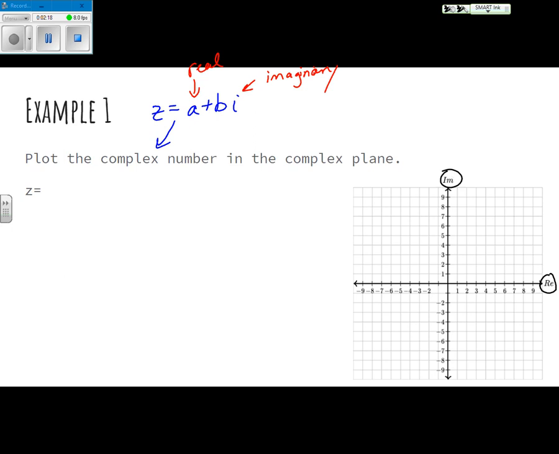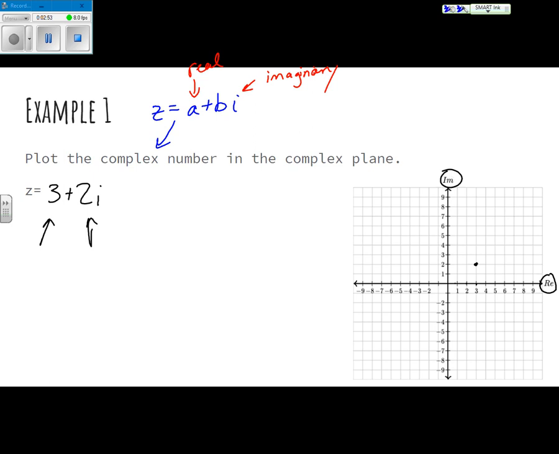So if I want to plot the point z equals, let's just make one up, 3 plus 2i, this 3 is my real part, so I'm going to go over 3 on my real axis. And then the 2i is my imaginary part, so I'm going to go up 2 on my imaginary axis. These are not going to be lines yet, we're not quite there yet. These are just going to be points.